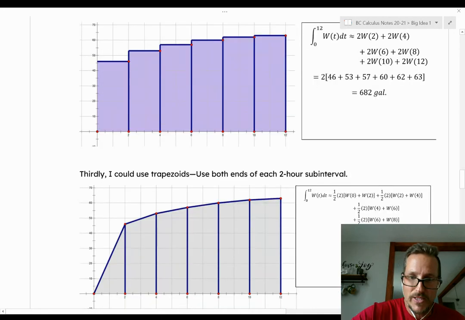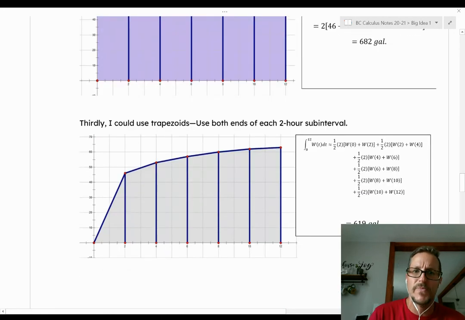And this looks like the type of Riemann sum that would most closely approximate a curve. So a trapezoidal area is 1/2 of the base multiplied by the sum of the 2 parallel sides. So I'm going to just apply that area formula 6 times.